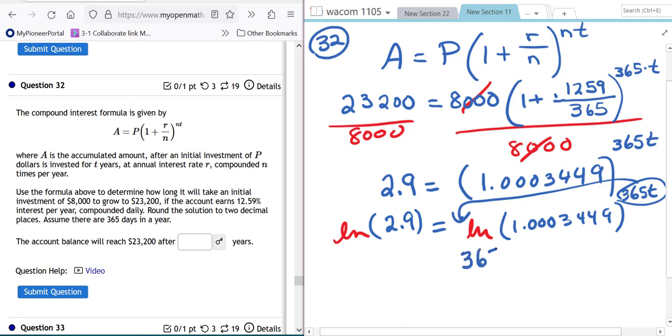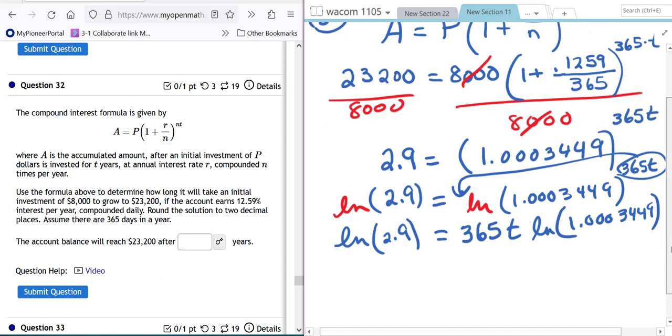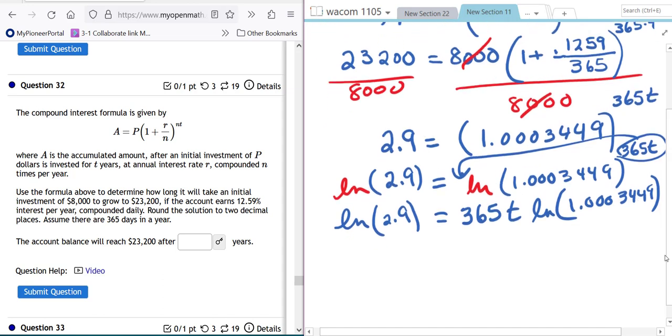So we have 365t times the natural log of 1.00034449. And we're going to isolate the t. So these are all multiplied by the t. We're going to divide by them. We can do it in one shot.